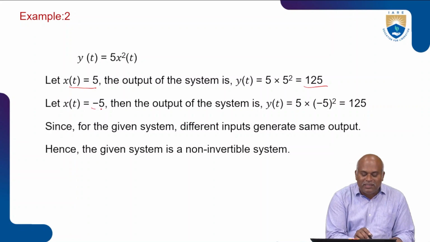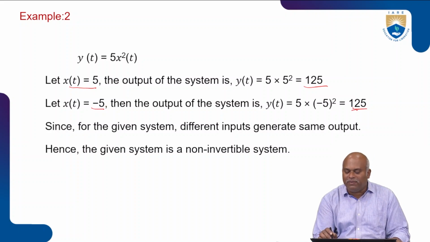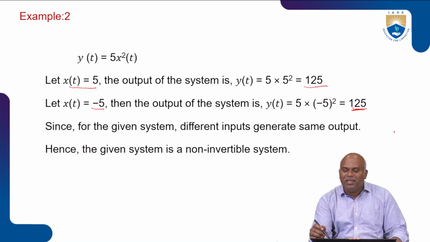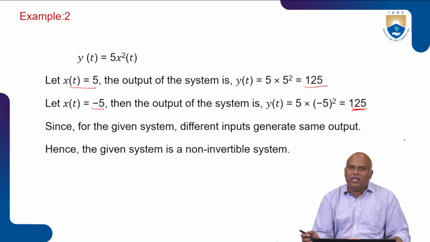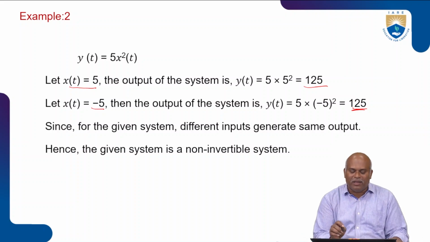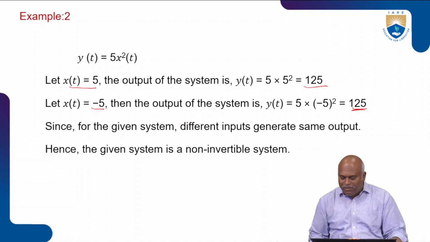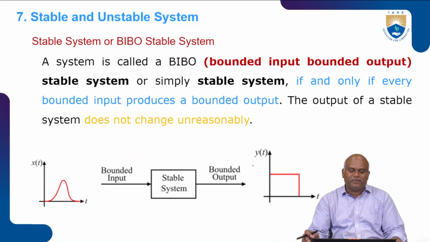Now I change the sign of x of t to minus 5. The output is again 125. Both the inputs give the same output. So for this system, different inputs produce the same output, and the system is called a non-invertible system. This is the example of invertible and non-invertible cases.